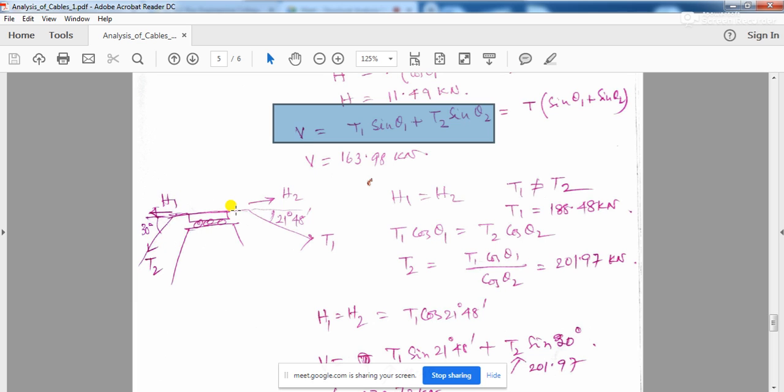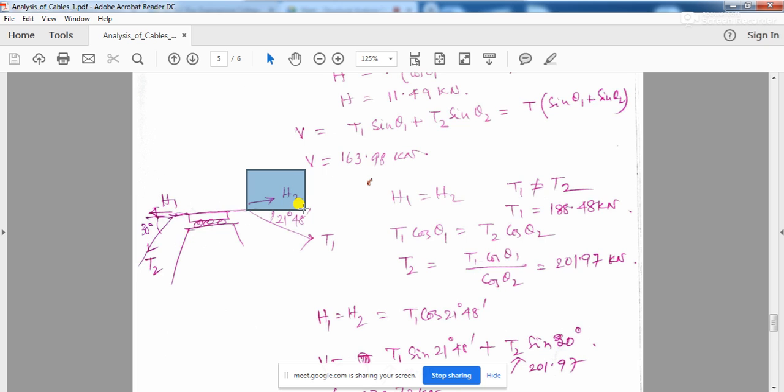We have understood that the horizontal component of the tensile force, please understand, with the support being different, whether it is a pulley or a saddle on roller, the tensile force on the main cable does not change.